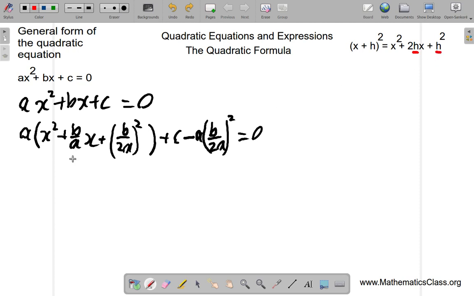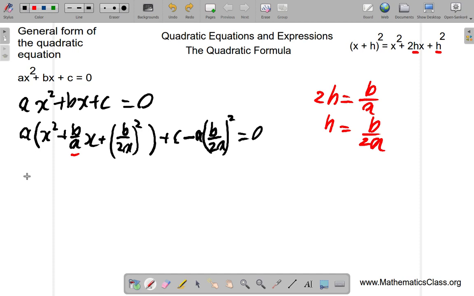What is our h here? Our h is really b over 2a. If we say 2h is equal to b over a, then h is b over 2a. And if we say h squared is b over 2a squared, then again h is b over 2a. So our h here is represented as b over 2a.